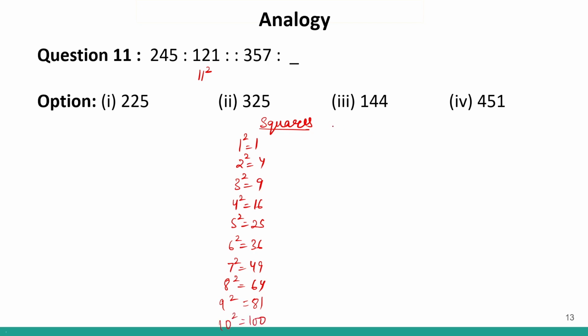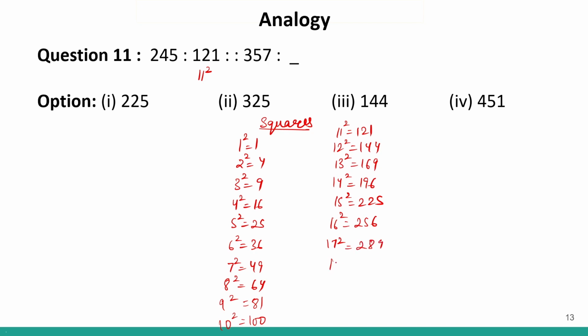Correct? Similarly, 11 square is 121, 12 square is 144, 13 square is 169, 14 square is 196, 15 square is 225, 16 square is 256, 17 square is 289, 18 square is how much? 324. Then 19 square is 361 and 20 square is 400.